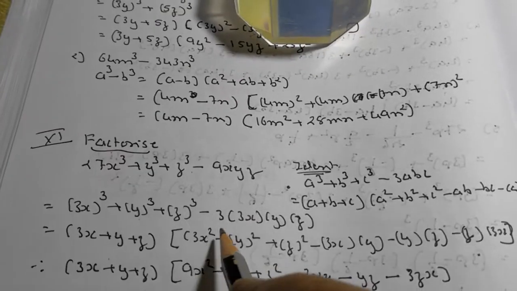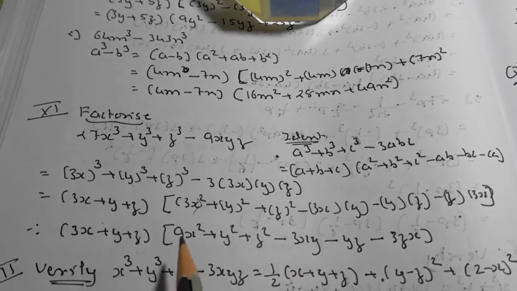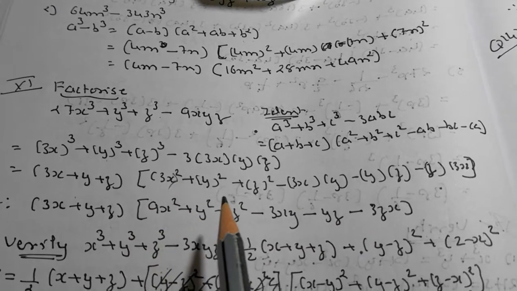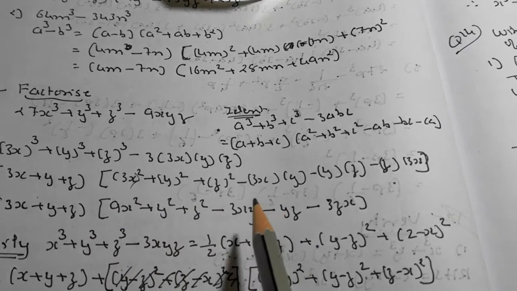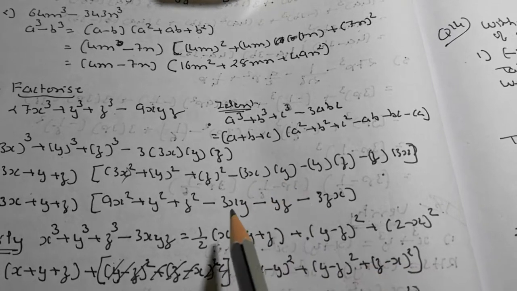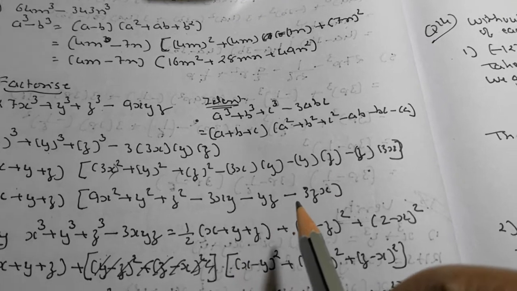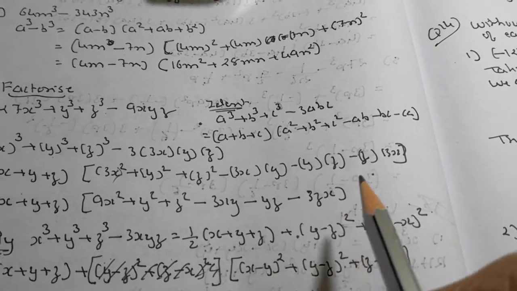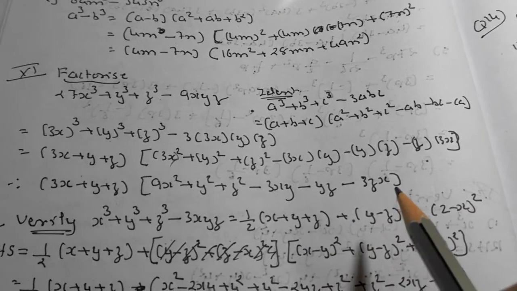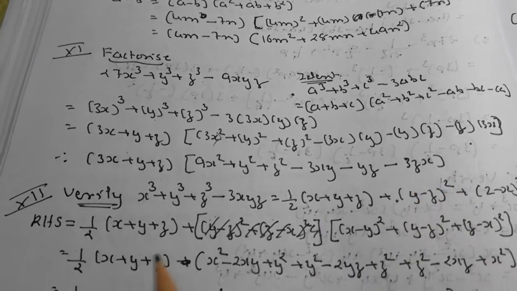I have just forgotten to give the bracket over here. So it is (3x) whole square, so 9x square, plus y square plus z square, minus 3 into xy, so minus 3xy, minus y into z, so minus yz, minus z into 3x, so minus 3zx. That is the final answer.